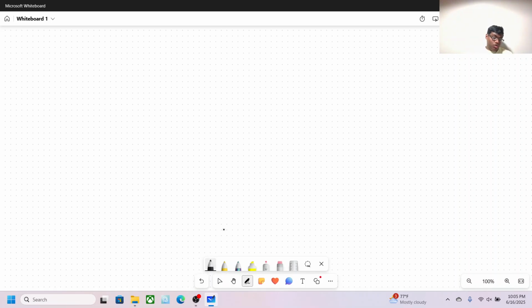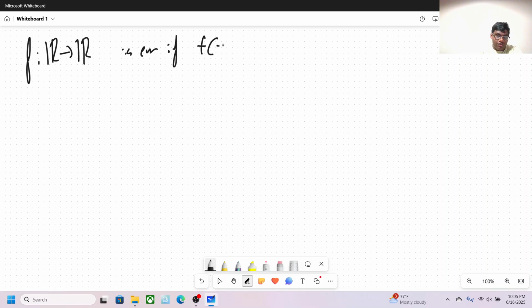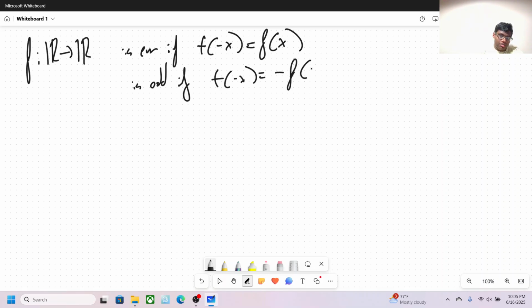And maybe a more interesting example that we should do is the following. So recall that a function from R to R is even if f of negative x equals f of x. And we're going to say it's odd if f of negative x equals negative f of x.